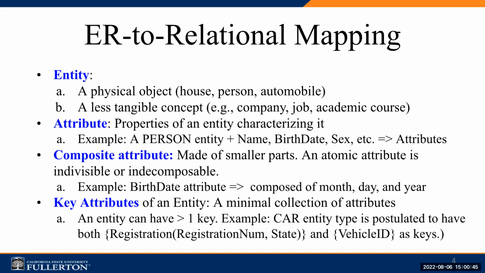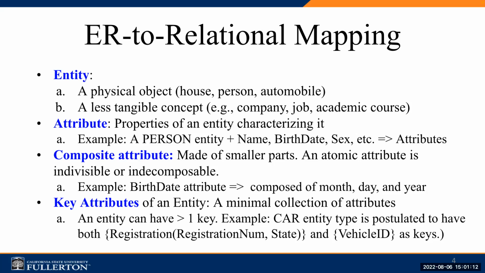Now, the next concept here is the key attributes of an entity, which refers to the minimal collection of attributes. Most of the time it is a single attribute, but it can have more than one. A minimal collection of attributes that can uniquely identify any two or more entities of the same type.